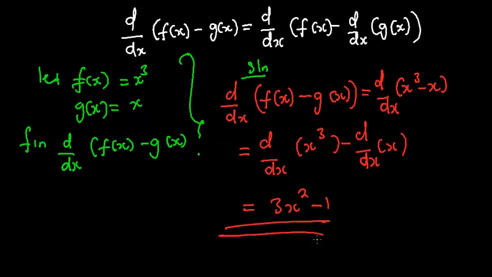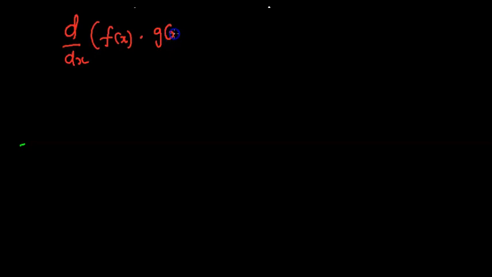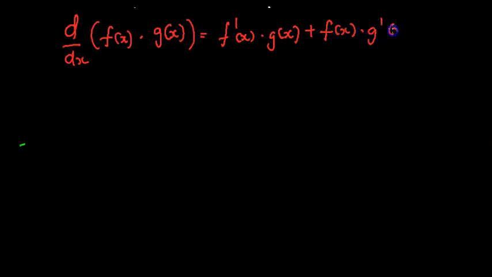What about the product rule? In the case of the product rule, according to the formula, d over dx of the function f of x multiplied by g of x is simply going to be f prime of x multiplied by g of x plus f of x multiplied by g prime of x.